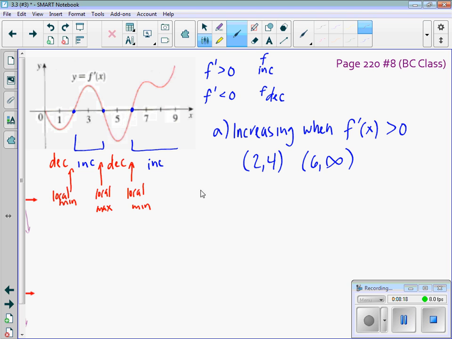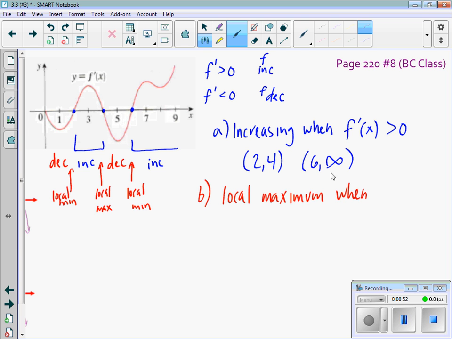So for part B, at what values of x does our function have a local maximum or minimum? So local maximum when, you could say when the derivative changes from what to what? Local maximum. Okay, so yep, you have to be careful about how you word this.